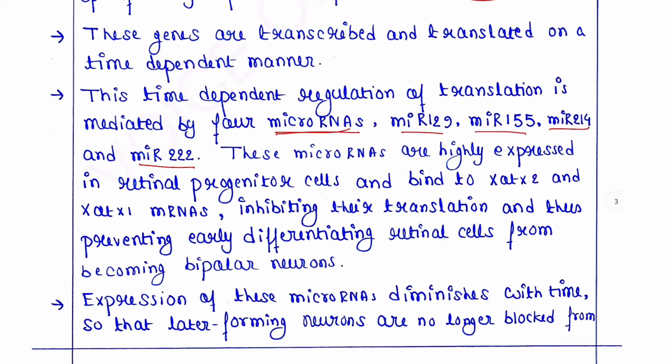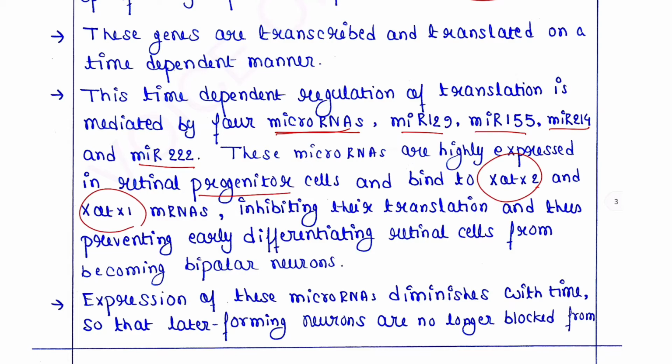These microRNAs are highly expressed in retinal progenitor cells, that means precursor cells. And they bind to ZOTX2 and ZOTX1 mRNAs, inhibiting their translation, because we know what microRNA does: it binds some mRNAs and inhibits their translation.